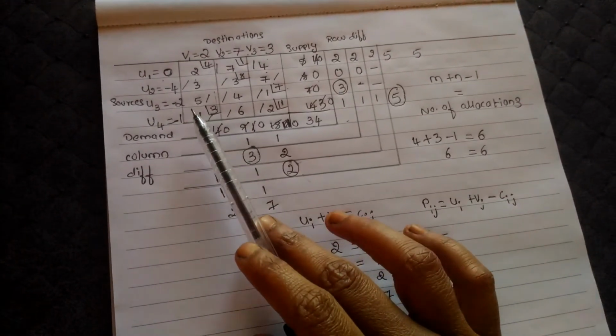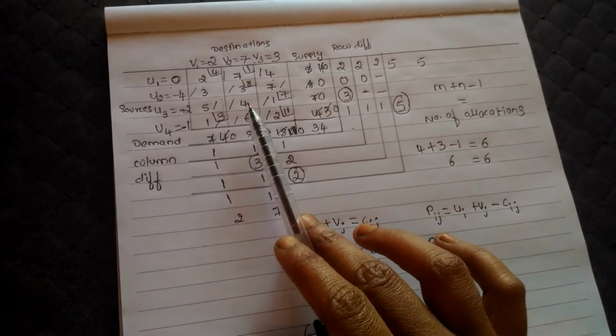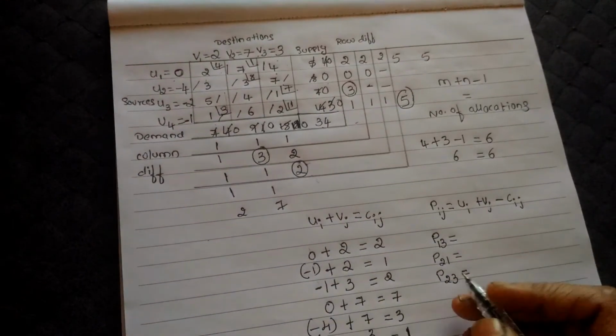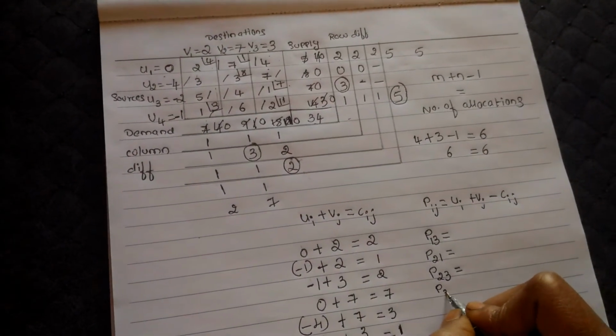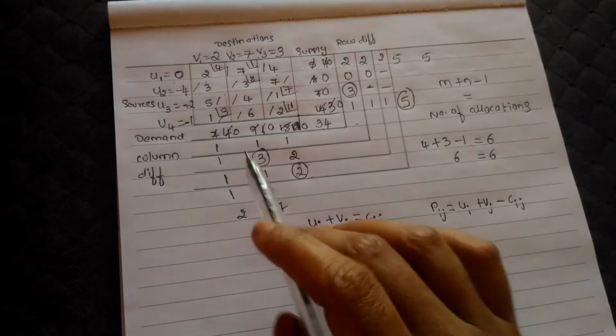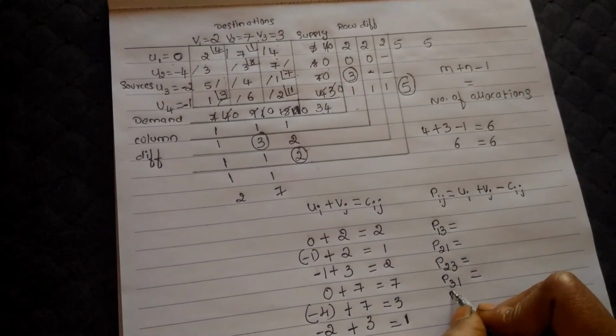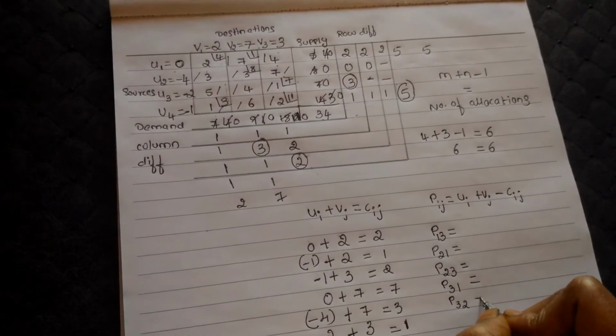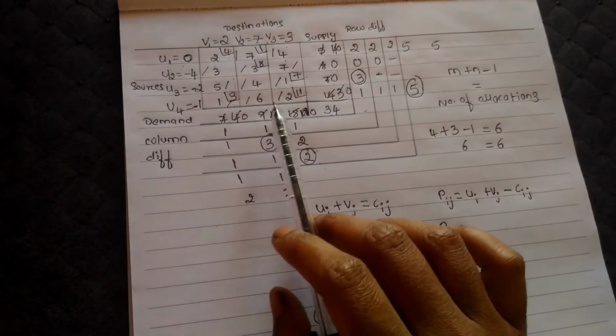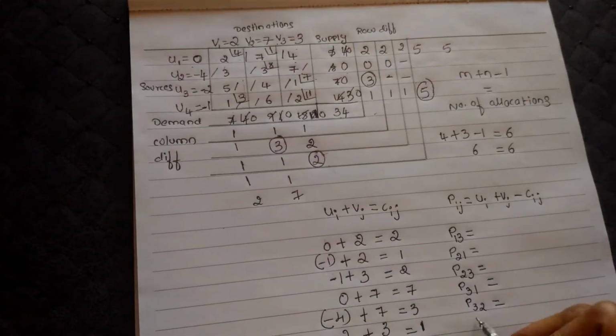Penalty of third row, first column. Penalty of third row, second column. Penalty of fourth row, second column.